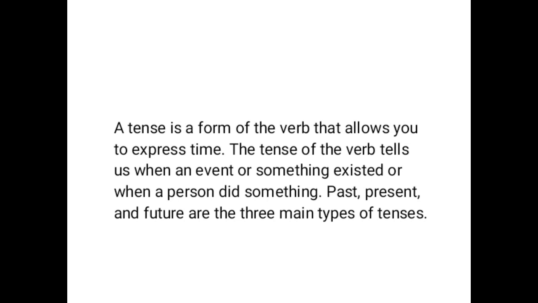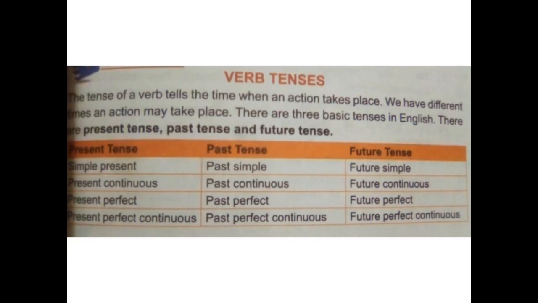That is why the tense of a verb tells us when an event or something existed or when a person did something. We have the three aspects, which is past, present, and future, that I've just mentioned. Now, like you see, under present tense we have at least four aspects of it, the same with the past tense and the future tense.